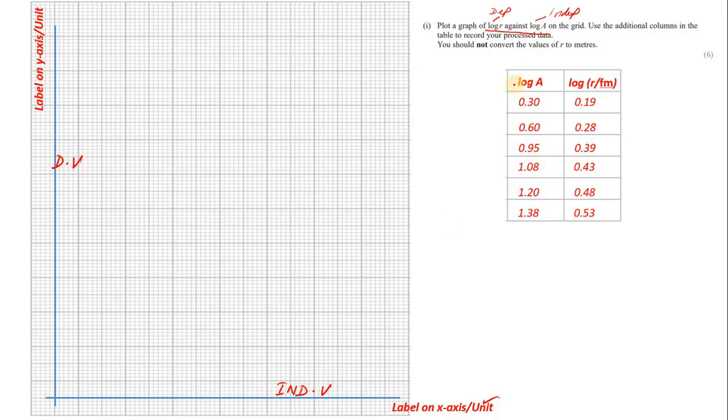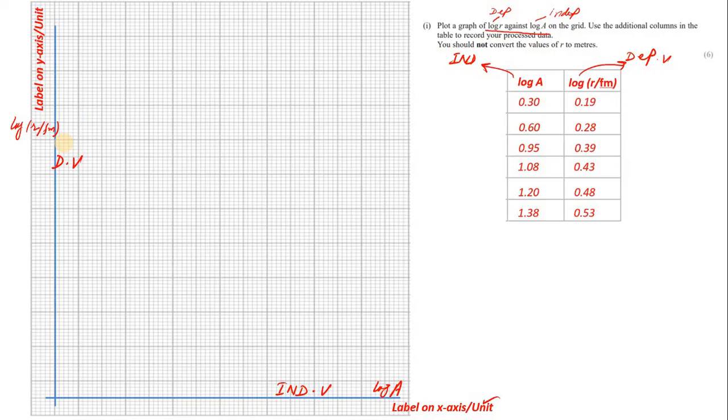Generally the first column is the independent variable, and the second column is the dependent variable. So on the x-axis we will take log of a, and a has no unit, so log of a has no unit, so you don't need to write the unit. But on the y-axis you will label log of r, with the proper unit, femtometer.